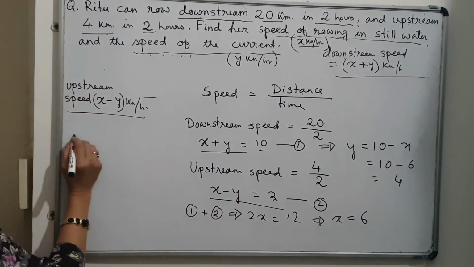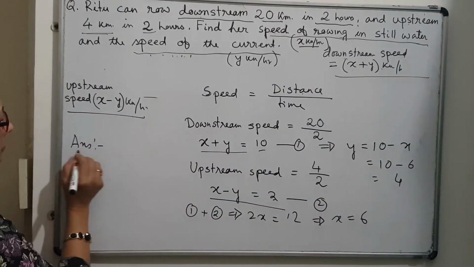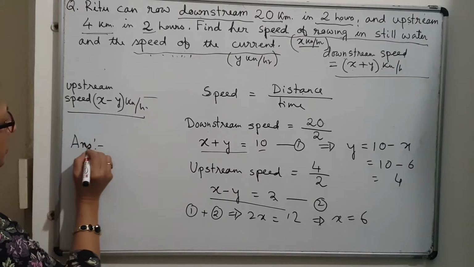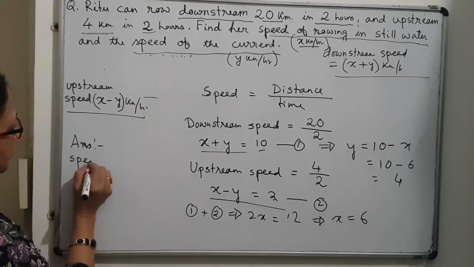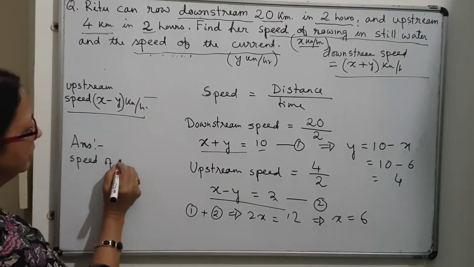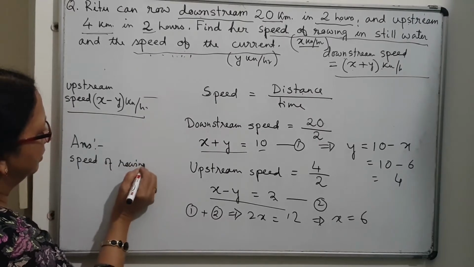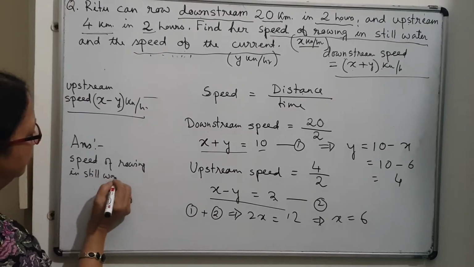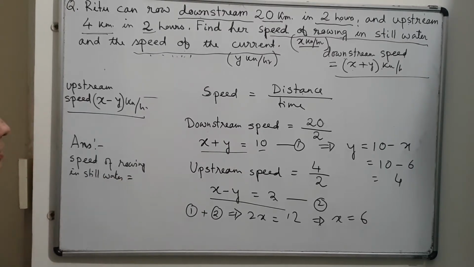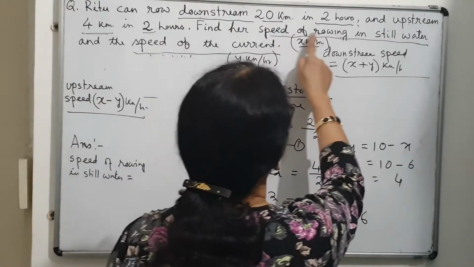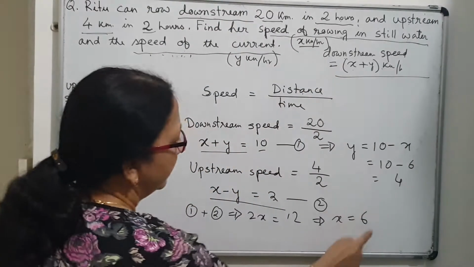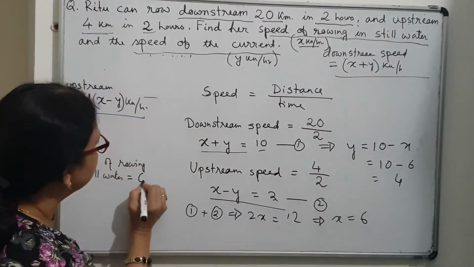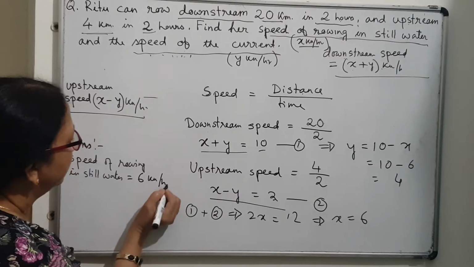So our answers: speed of rowing in still water, which I have taken to be x kilometer per hour, and x is 6, so I write it is 6 kilometer per hour.